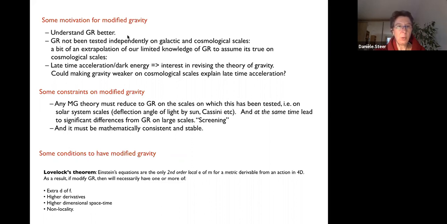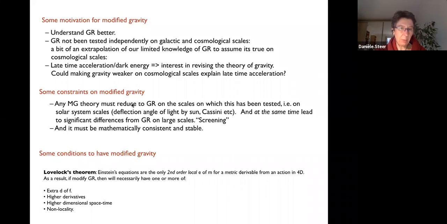Now, your models, however, have to satisfy at least some constraints. Any modified gravity theory has to reduce to general relativity on the scales in which we've tested general relativity, so on the solar system scales and smaller. And at the same time, you also want it to lead to significant differences with general relativity on large scales. And it turns out that's not so obvious.